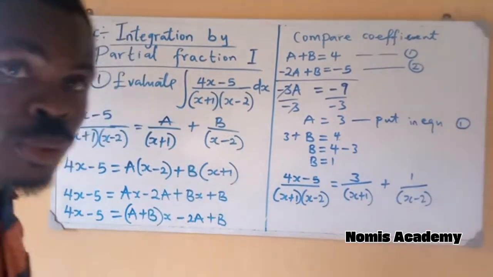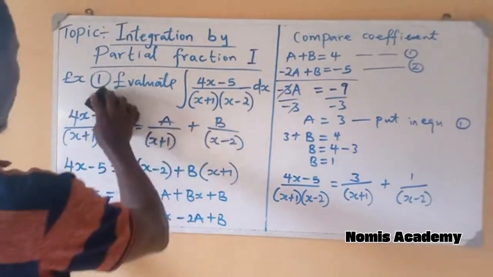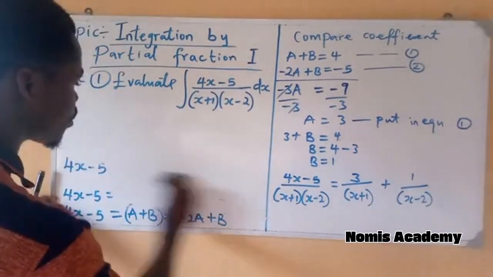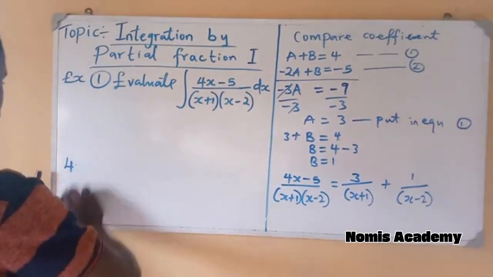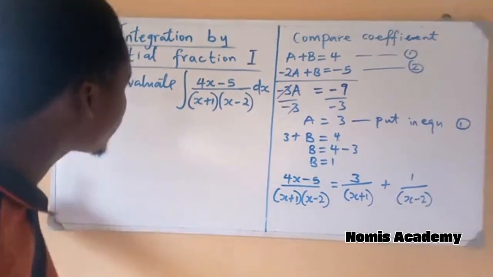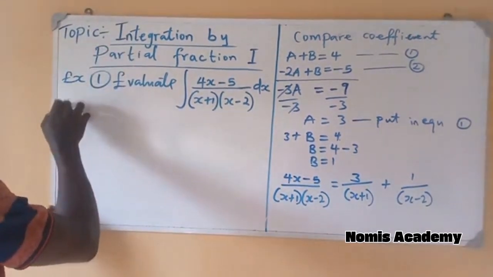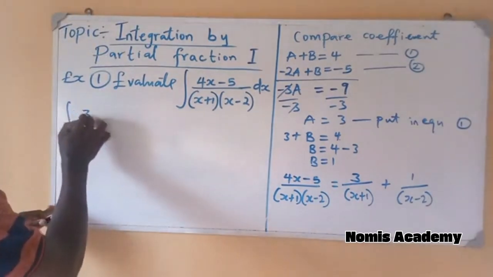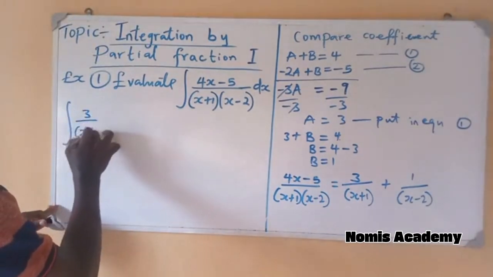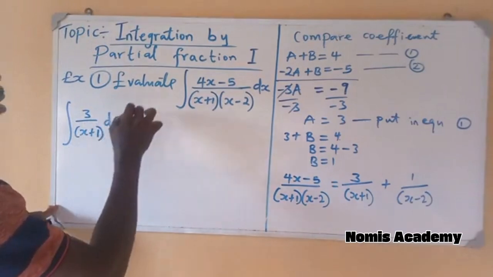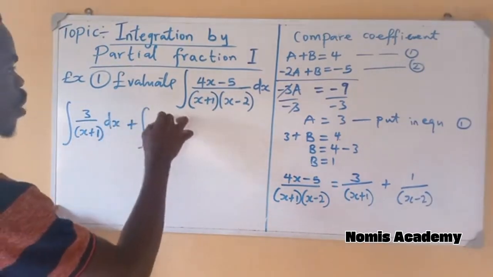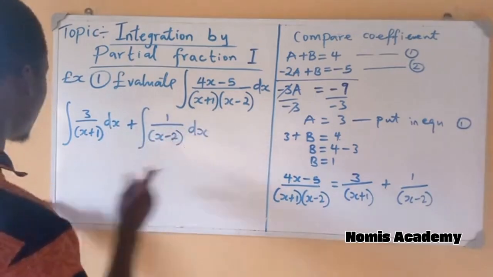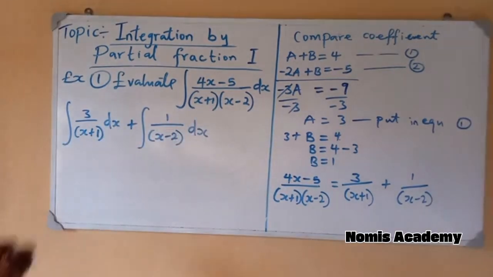So now let's put that in the integral. We have the integral of 3 over (x + 1) dx plus the integral of 1 over (x - 2) dx. So it is very easy to integrate this.